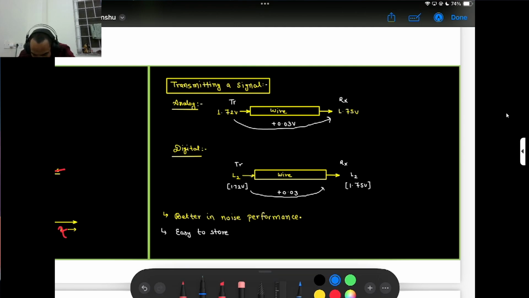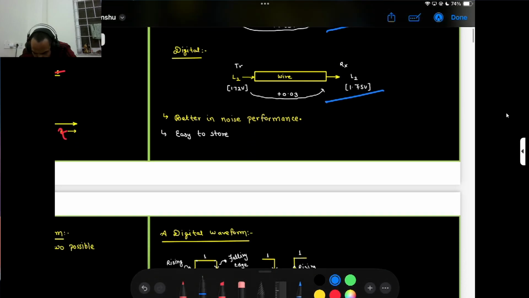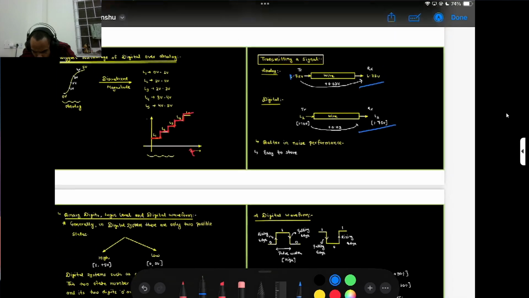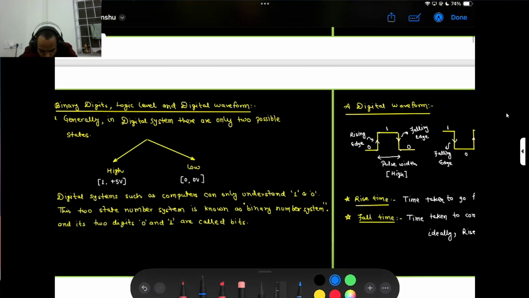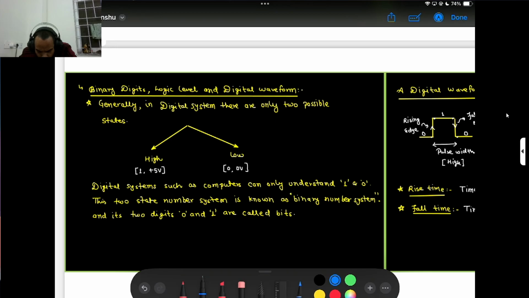For example, transmitting an analog signal of 1.72 volt, and with some drop or noise, plus 0.03 volt, we get 1.75 volt. In digital, L2 is 1.72 and it plus 0.32 so L2 is also better in noise performance and easy to store in binary and digit logic level and digital waveform.